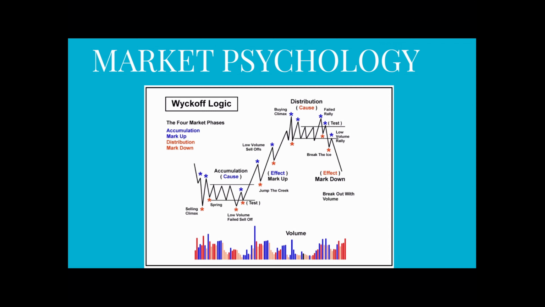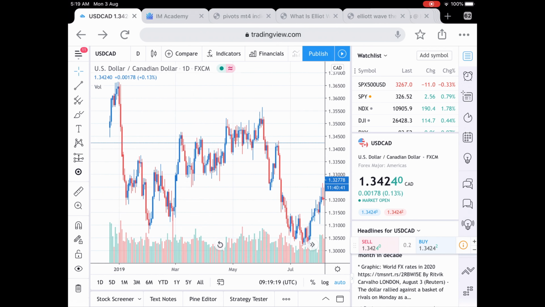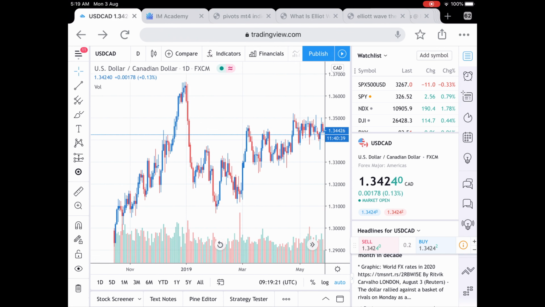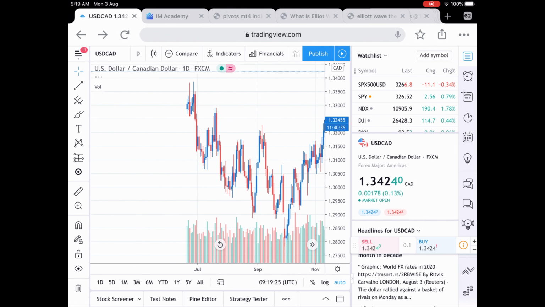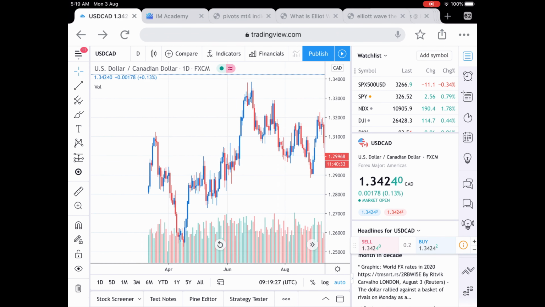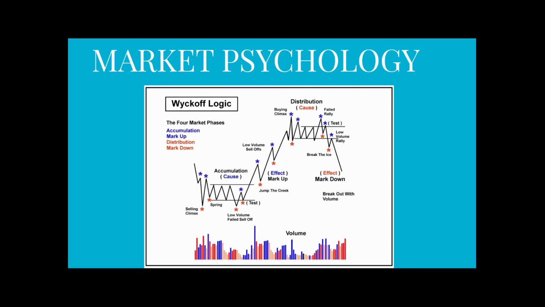down. So once you start looking at the charts in whichever currency you'll be looking at, unless it's a currency pair that is majorly ranging, and I would say the USD CAD ranges a lot, you will still be able to see this market psychology happening at least on smaller scales, right?